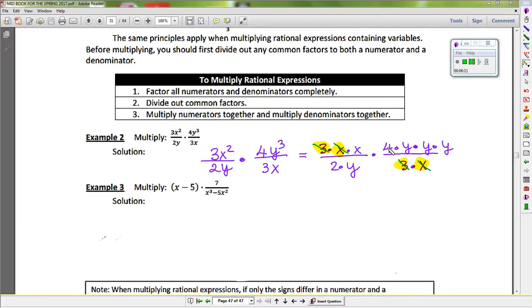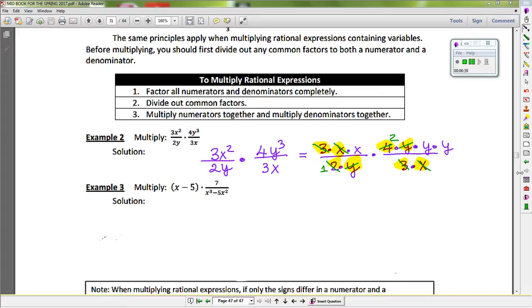Next, go to the 4 and the 2. The common factor is 2, so 4 divided by 2 gives us 2, and 2 divided by 2 gives us 1. The 1, you don't have to write down, but I can write 1 here so you can see that. And then the y and the y are common factors, so that will be gone too.